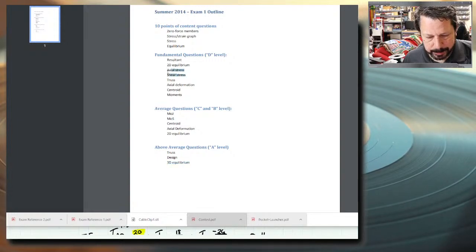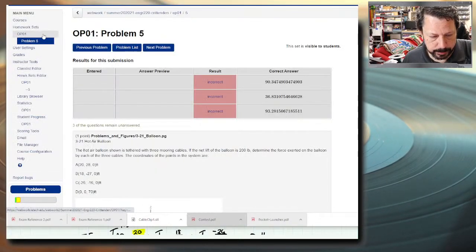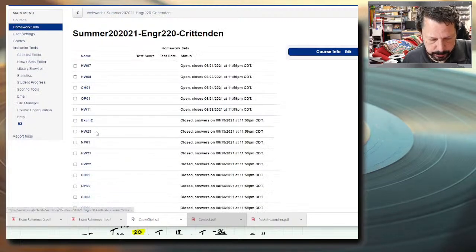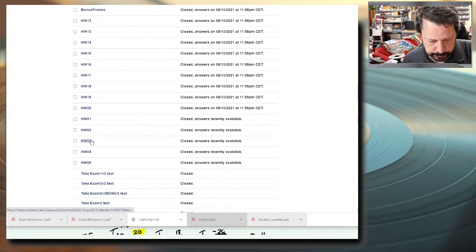We did not go back and specifically talk about axial stress or shear stress separately. There will be problems where you do axial stress. So if you go back into homework, maybe homework 3? Let's see.